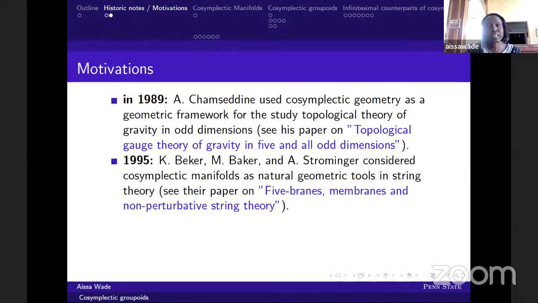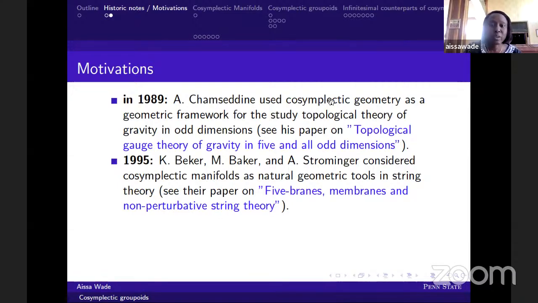Now the second slide. So in 1989, Ali Shamsuddin used cosymplectic structures as a geometric framework for the study of topological theory of gravity in odd dimensions. You can see his paper here, which is Topological Gauge Theory of Gravity in 5 and All Odd Dimensions.